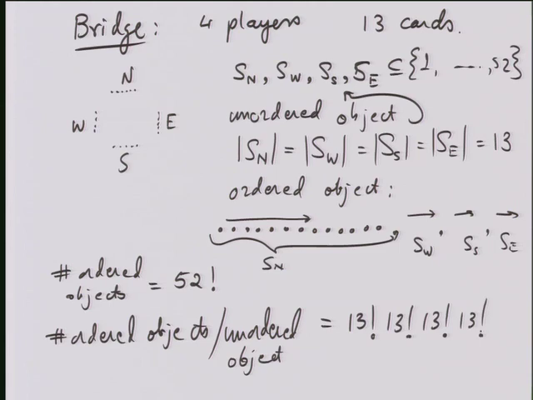And so what's the number of unordered objects? By the second rule of counting, it's this divided by that. So the number of bridge hands is 52 factorial divided by 13 factorial, whole raised to the power 4.